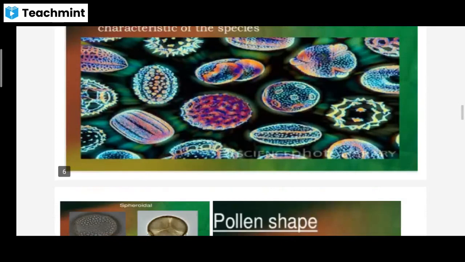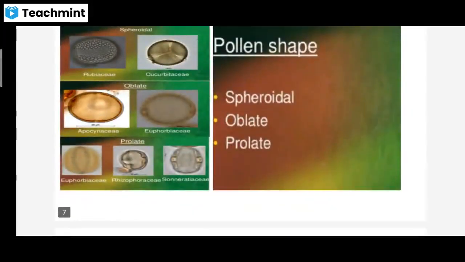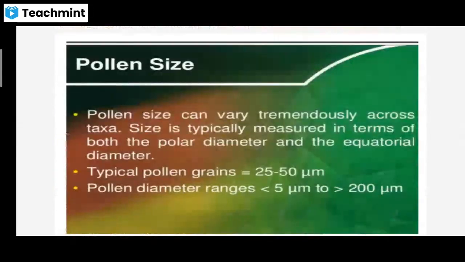And prolate, lemon-like structure, is present in the Rhizophoraceae family. Then turn to the size of pollen grains. Size of pollen grains can vary tremendously across the taxa. Typical pollen grains are 25 to 50 micrometers, and the diameter ranges from 5 micrometers to 200 micrometers.